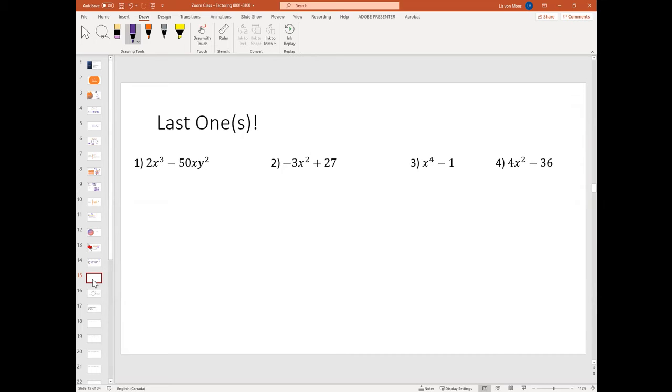And question number 1 is a good example of just hiding it. I see 2 terms. What should I be looking for? Is it a difference of squares? Not really.